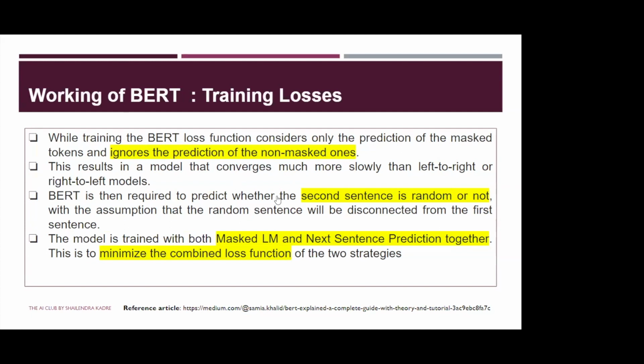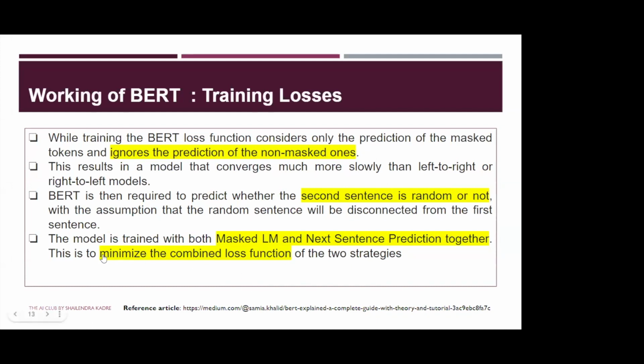And as far as next sentence prediction is concerned, BERT is required to predict whether the second sentence is random or not, with the assumption that a random sentence will be disconnected from the first sentence. So that is one basic assumption made while predicting the next sentence, and after the prediction is done, it is checked against the original corpus.